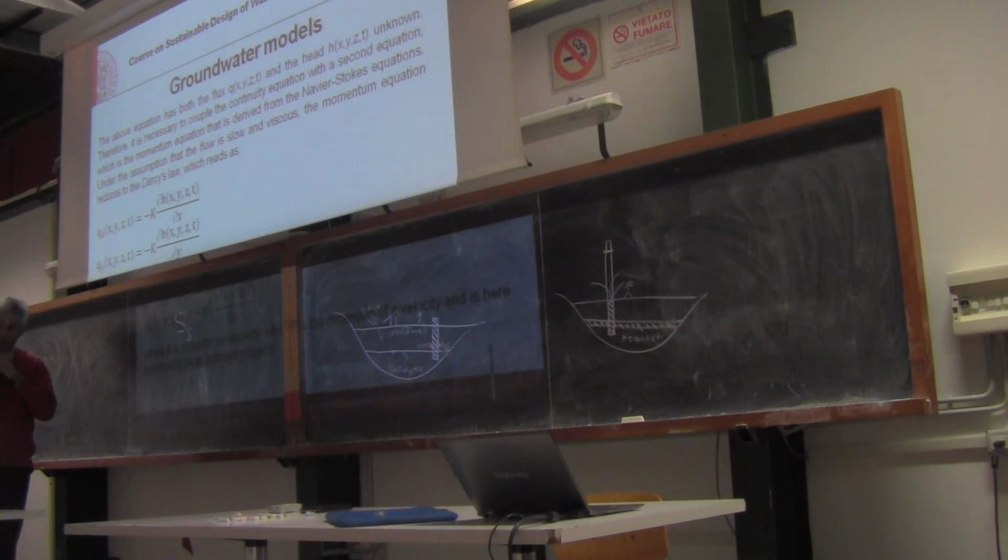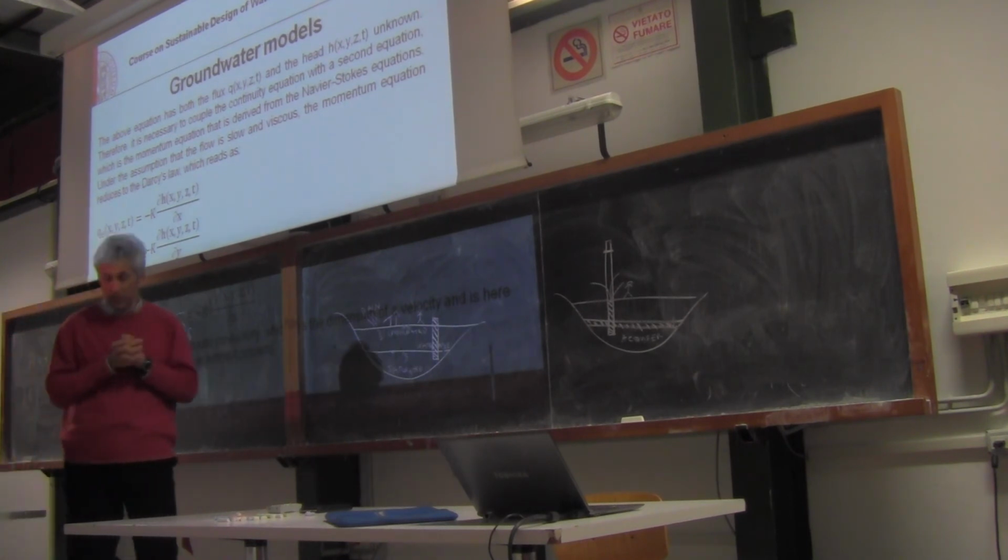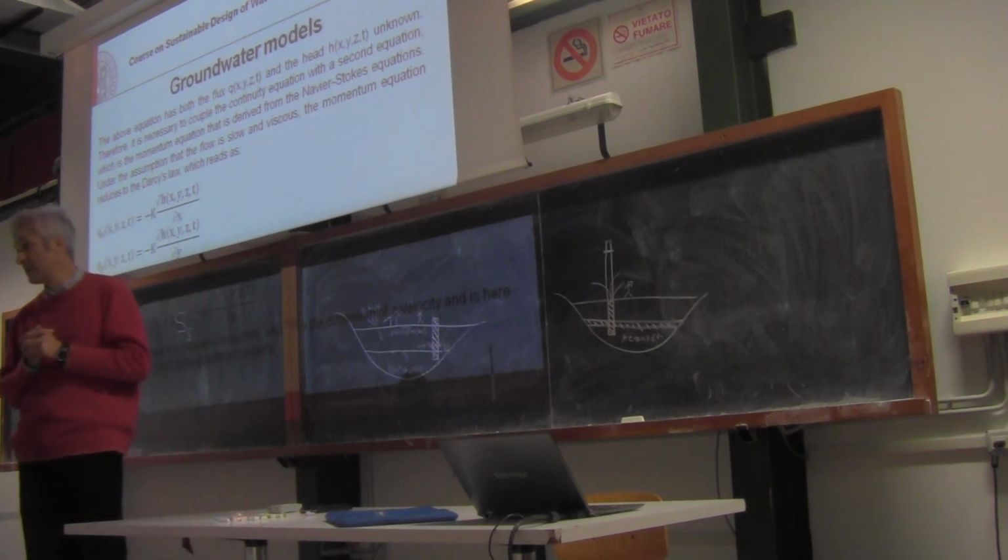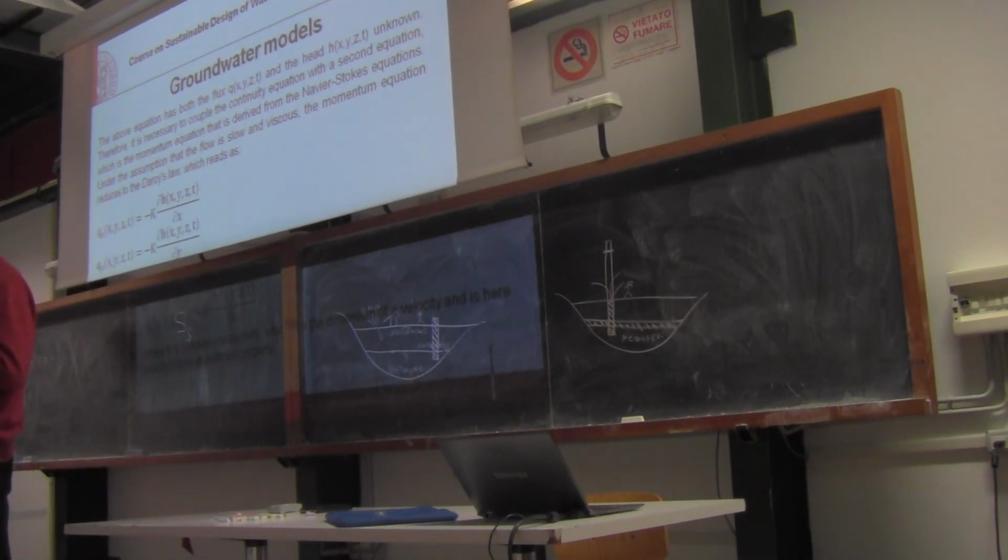What kind of equation can it be? We know from the linear reservoir that we adopted an energy equation that was very simple. You remember, it was a relationship between the storage in a catchment and the river flow. It's the same thing. Here we are looking for a relationship between the flow and the head, flow and energy.